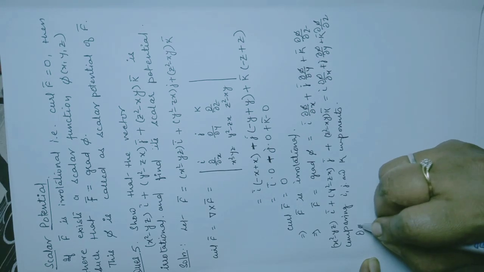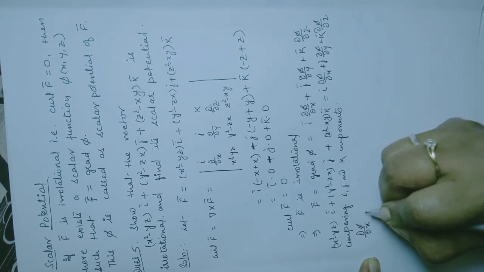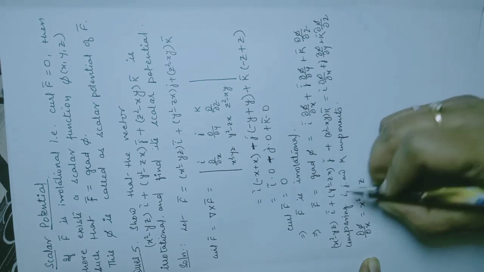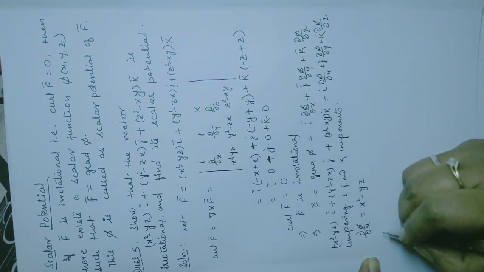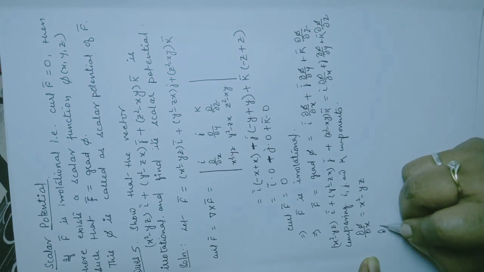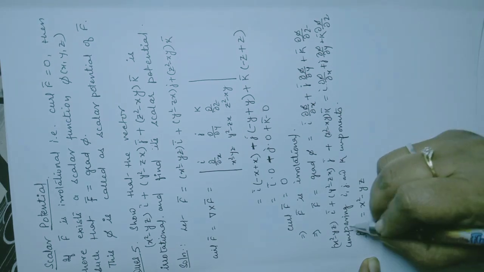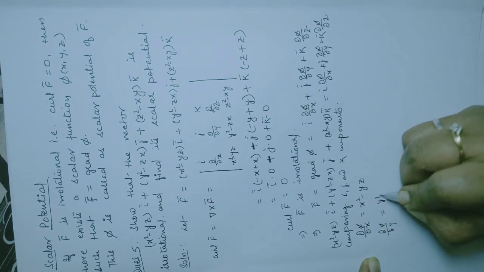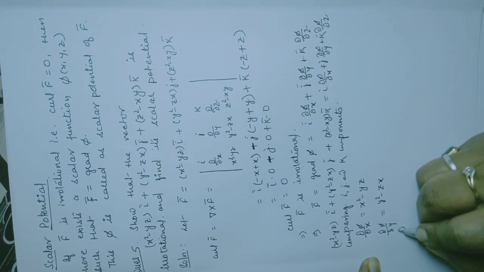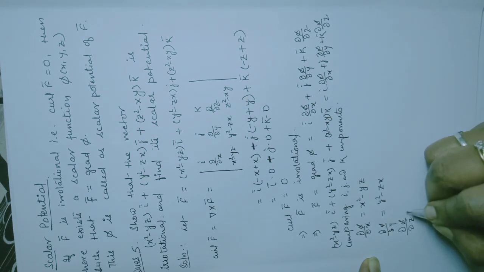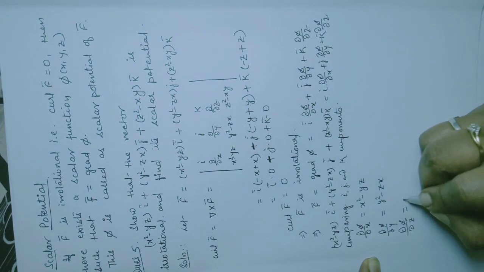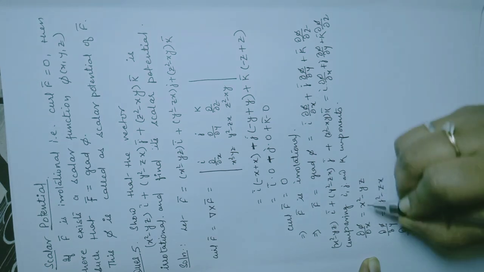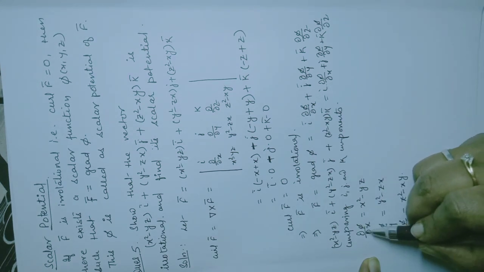Comparing this, you get del phi by del x is equal to x square minus yz, and you get del phi by del y is equal to y square minus zx, and you get del phi by del z is equal to z square minus xy.